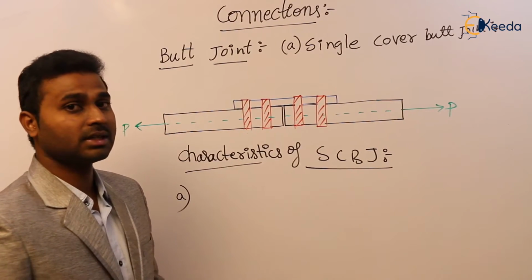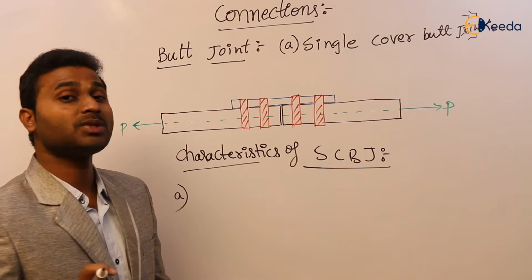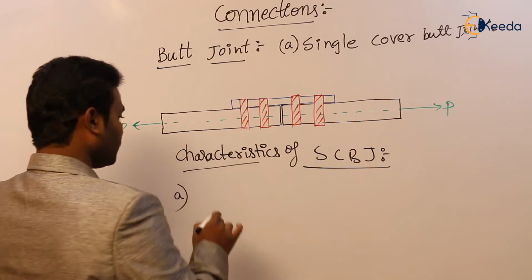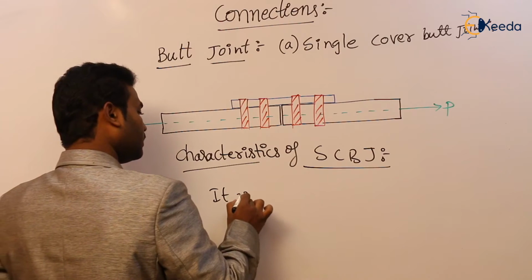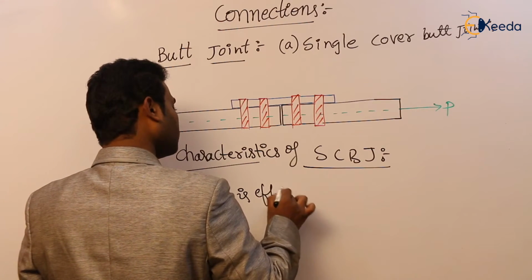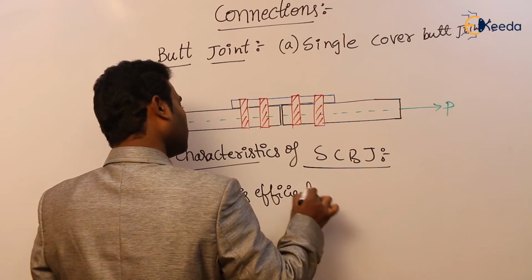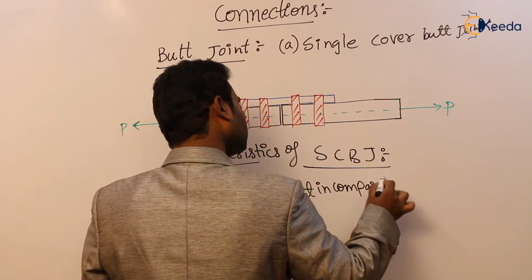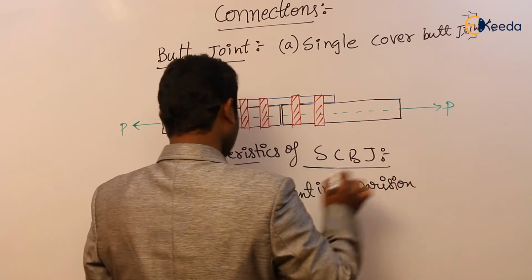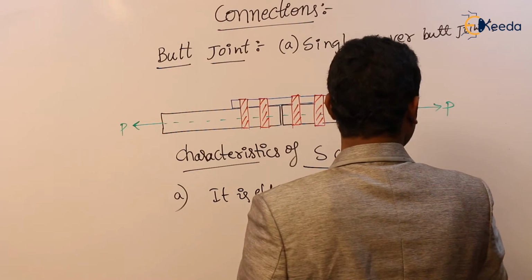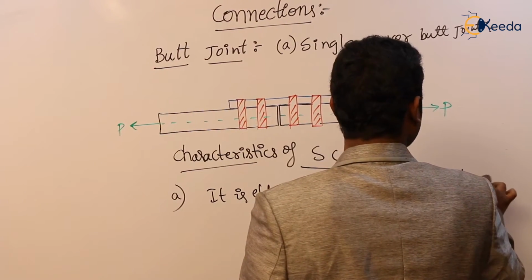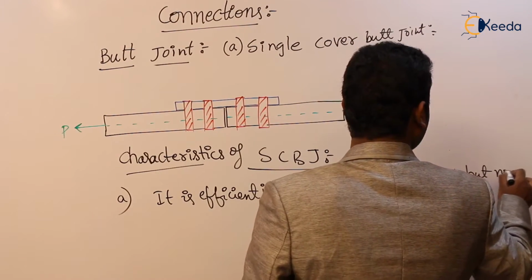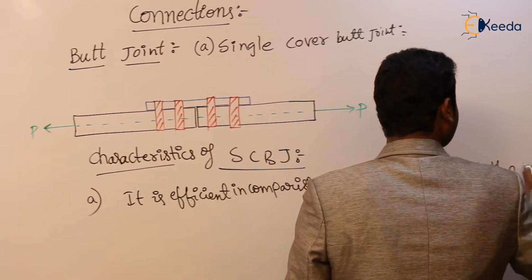But in comparison with lap joint, the single cover butt joint is efficient, but not the most efficient.